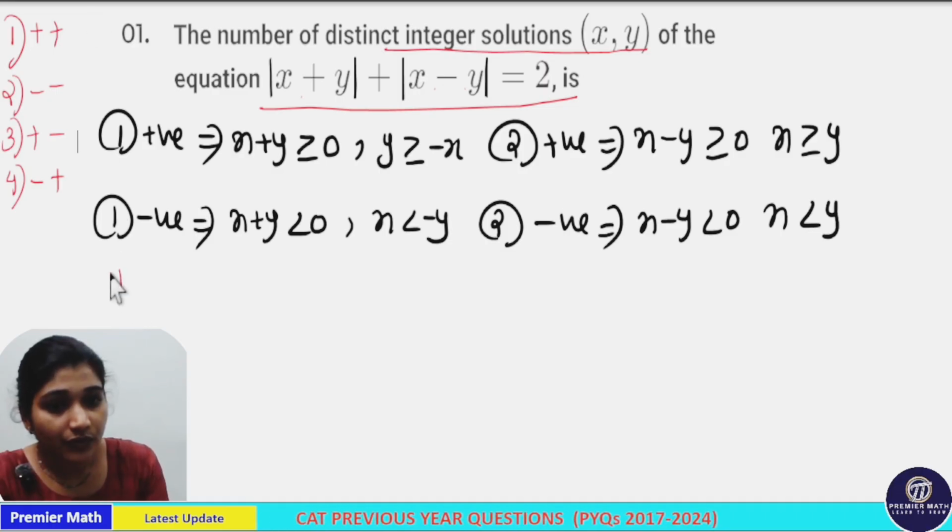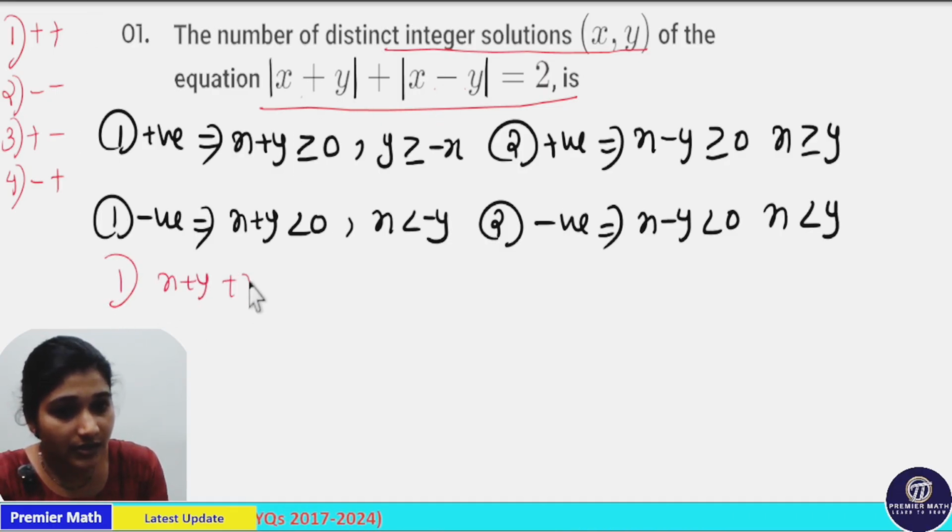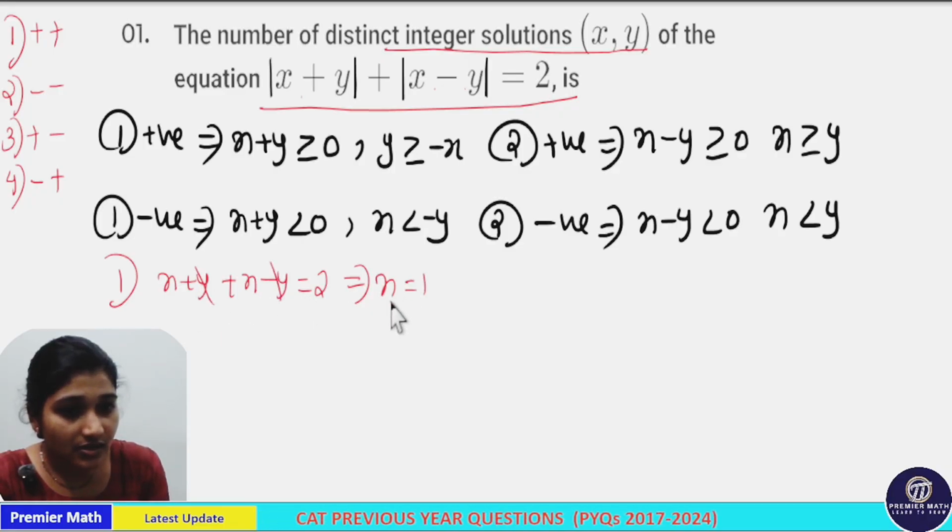Now, from the first condition, both inputs positive means (x + y) + (x - y) = 2. Then y cancels, 2x = 2 means x = 1.